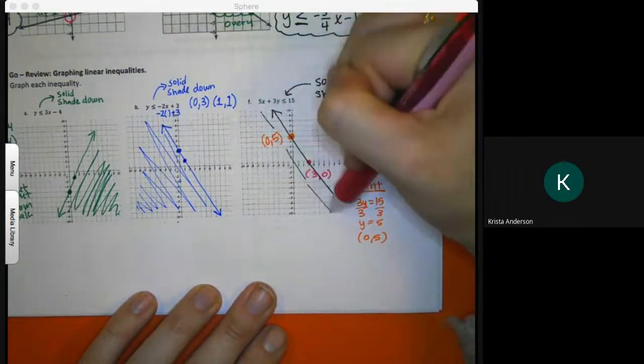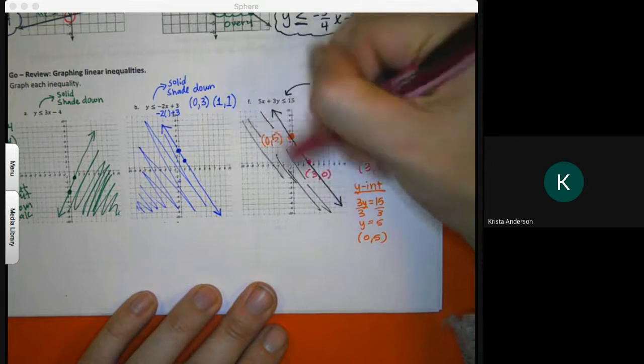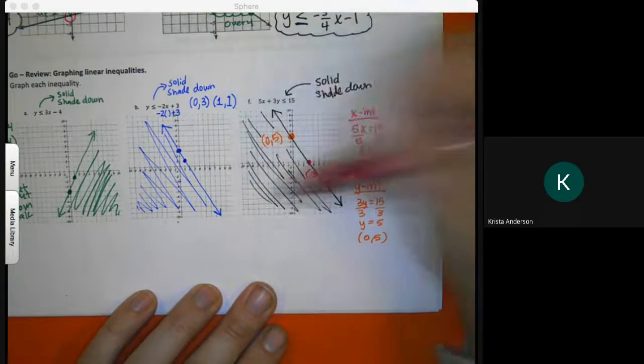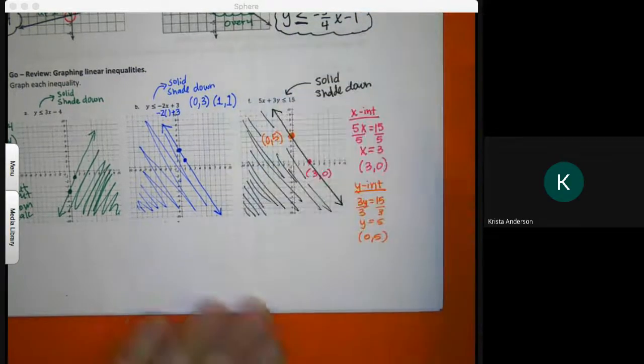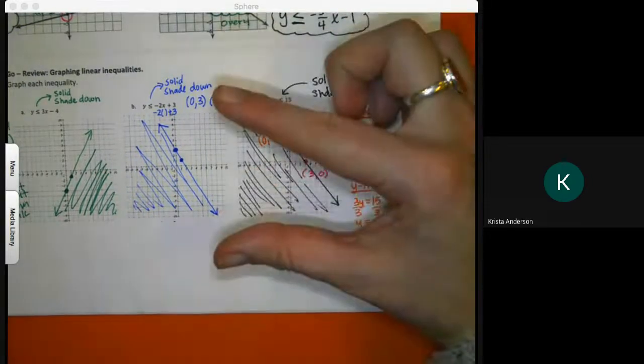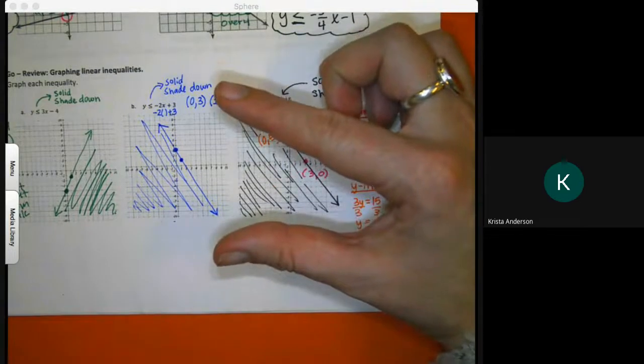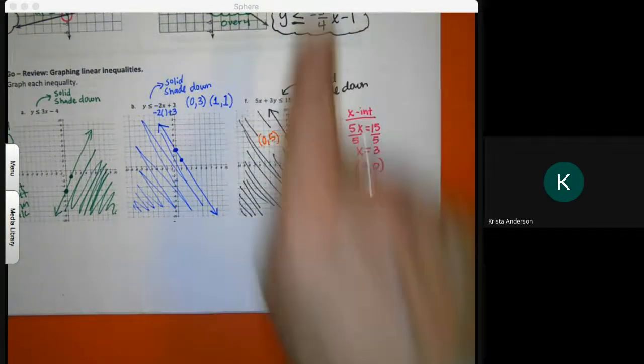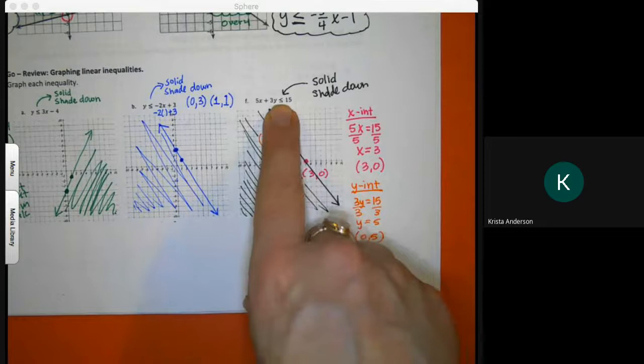And I would shade less than the line. If it had been facing the other way, if it had been greater, I would then shade up. If this had been a greater sign.